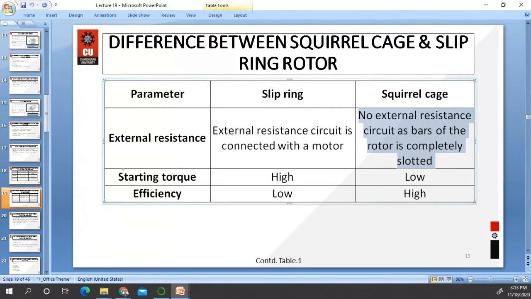The starting torque for slip ring is high, whereas for squirrel cage it is low. The efficiency for slip ring is low, whereas for squirrel cage it is high.